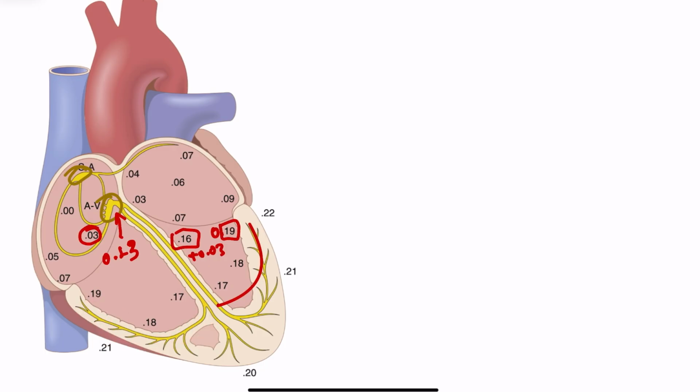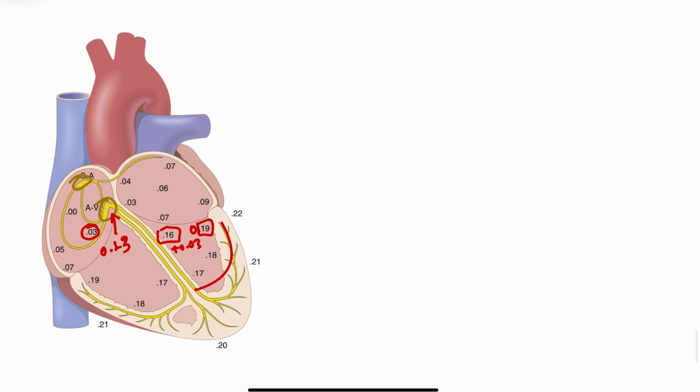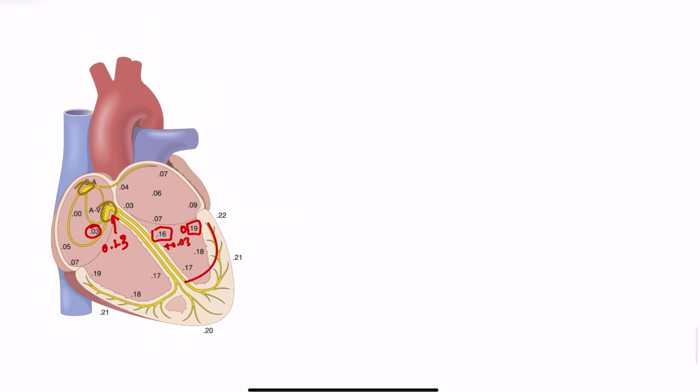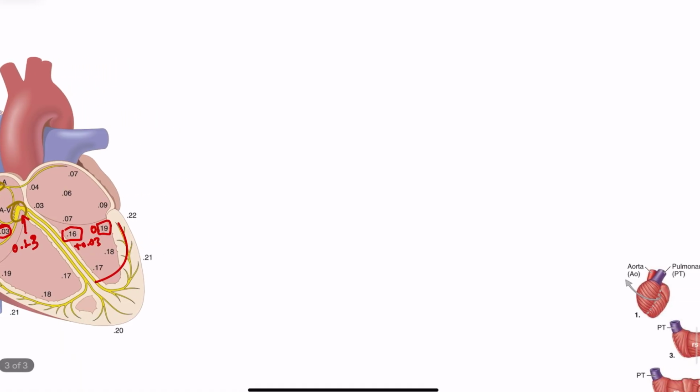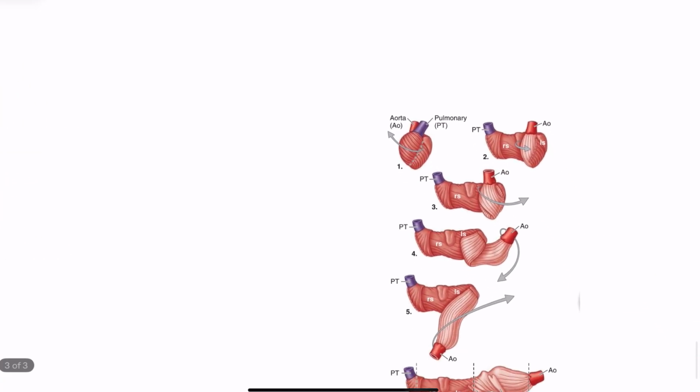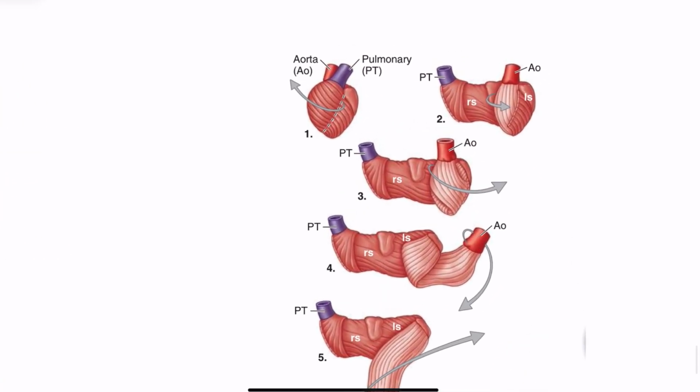We can see that there is a delay of around 0.03 seconds in the ventricular muscle fibers to contract. And why has this delay occurred? Because the ventricle muscle fibers are not arranged linearly or radially. They are arranged spirally, and we can appreciate this from this figure.